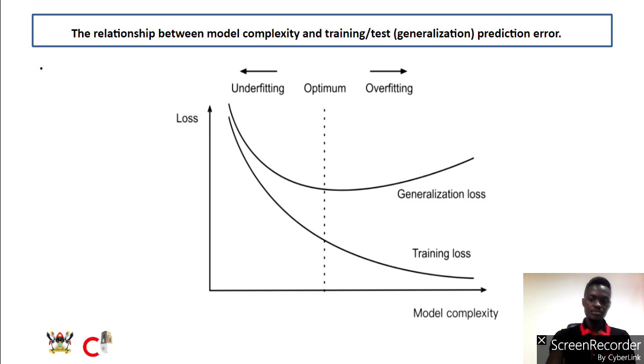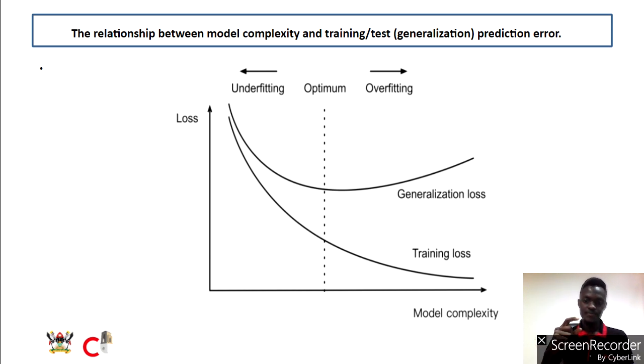As model complexity increases, the training loss decreases, and the generalization loss, which is the same as the test loss, increases.